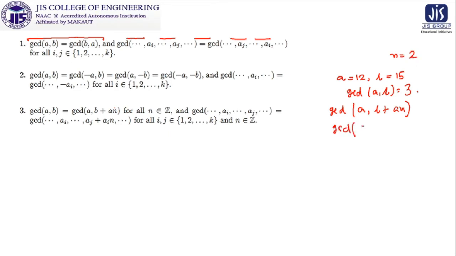GCD of A taken as 12, comma, B taken as 15 plus A into n, that means 24. I am just skipping one line: GCD of 12, comma, 15 plus 24, which means 39, and that gives 3.